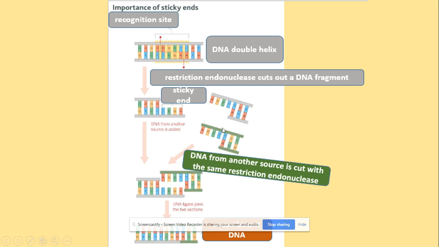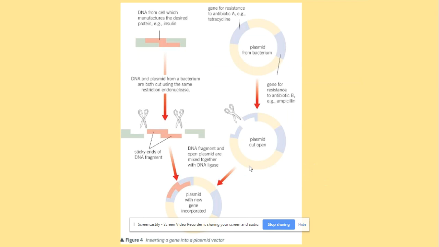Now this is the other source of DNA, from the vector, and we can cut this DNA using the same restriction endonuclease. Then we would like to join those two fragments of DNA together. We can do so by using DNA ligase, so the double-stranded DNA will be produced. This is how it looks when you put it into the plasmid. So this is a plasmid incorporated with the new DNA.